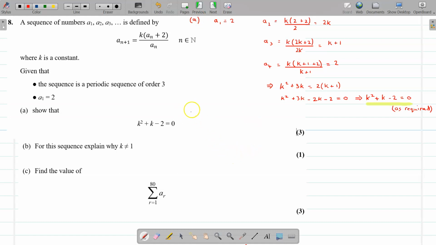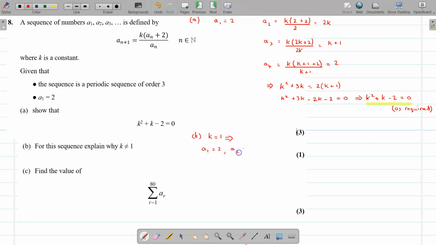Now, for part B, it says explain why k cannot equal 1. I'll do part B in this space here. Okay, let's assume that k did equal 1. Then what would happen? A1 would equal 2. We know that already.